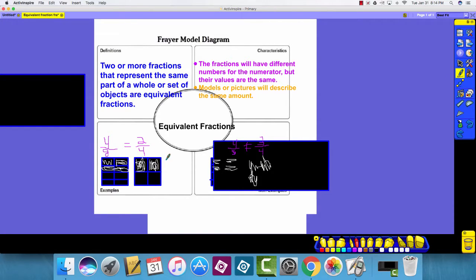Let me see if I can draw that real quick. I'm using my pen tool here. We're going to pretend that this square is the same size as those. If I divide it in half, I have 2 equal parts now, and if I shade in one part, I can see that 4/8 is equal to 2/4, which is equal to 1/2. Go ahead and pause the video and get those examples down.